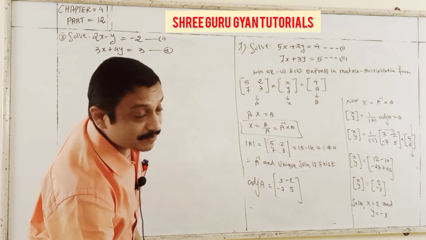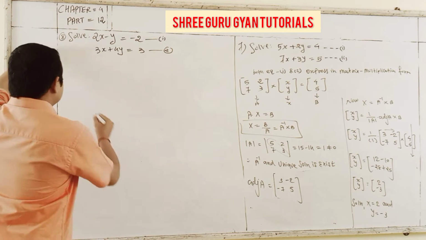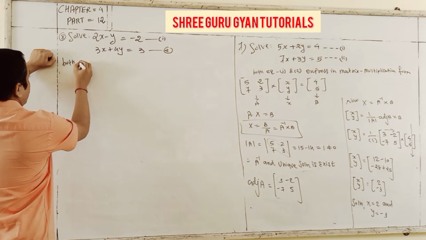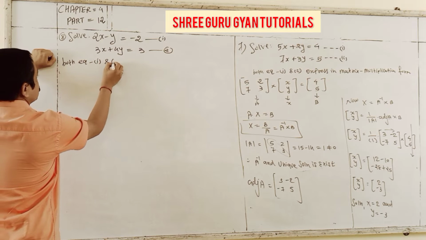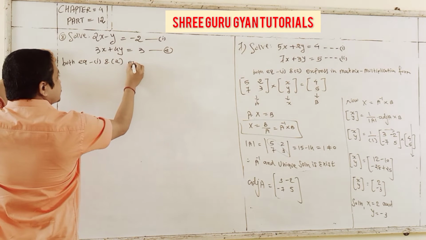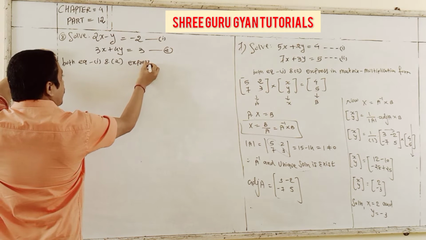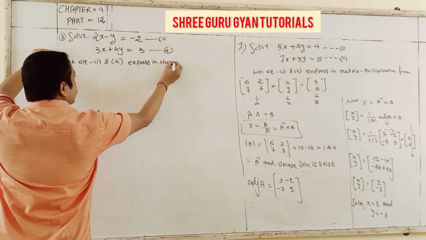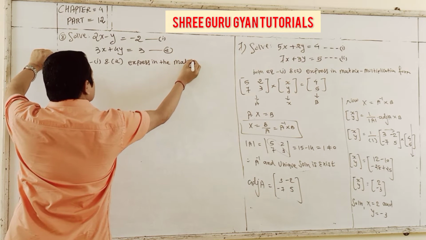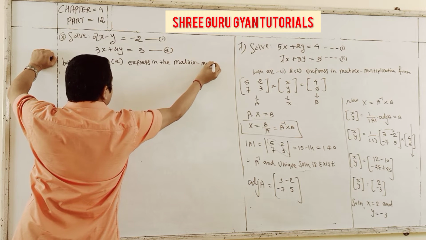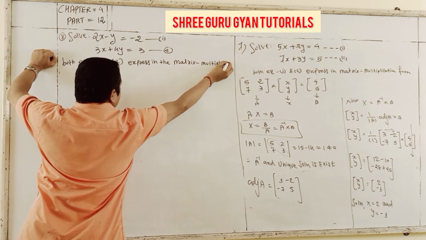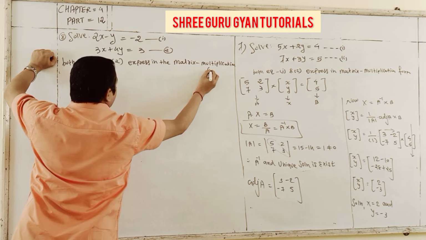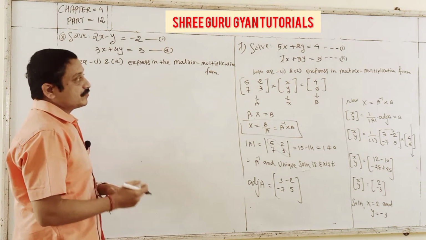So the equation is the same, right? Both equations 1 and 2 expressed in matrix multiplication form.